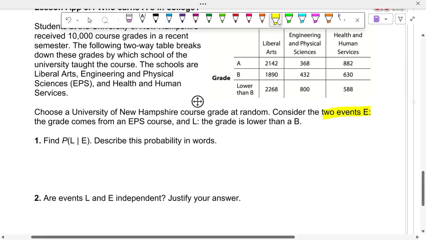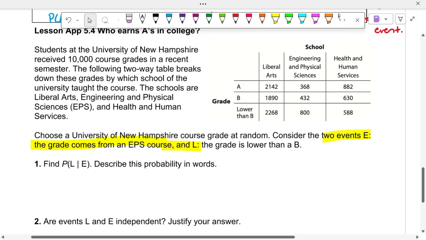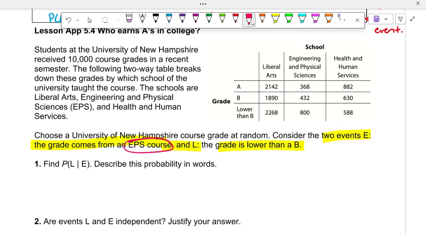Consider the two events, E, the grades from the EPS course, and L, the grade lower than a B. So E is the grade from an EPS course, so that's engineering and physical sciences, and L is a grade lower than a B.